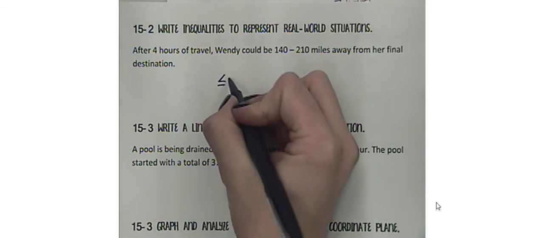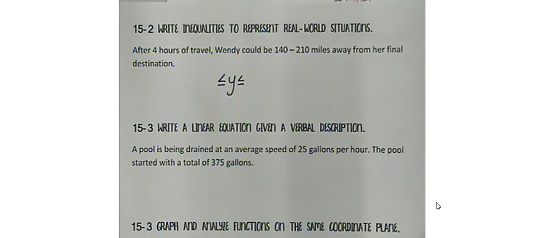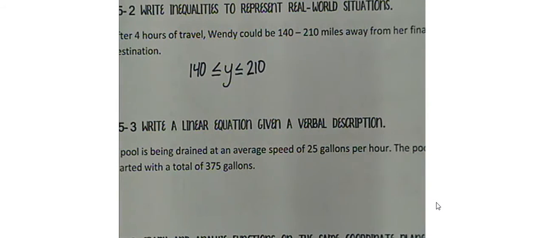So here's your inequality symbols. This letter doesn't matter in this case. So write in your low number and your high number. So 140 is less than or equal to y, less than or equal to 210.